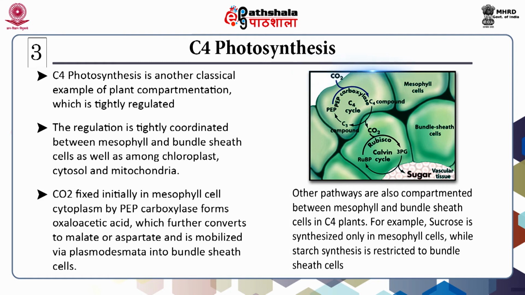Carbon dioxide fixed initially in the mesophyll cell cytoplasm by PEP carboxylase forms oxaloacetic acid, which further converts to malate or aspartate and is mobilized via plasmodesmata into bundle sheath cells. This explains the role of enzyme compartmentalization as a mode of regulation again.